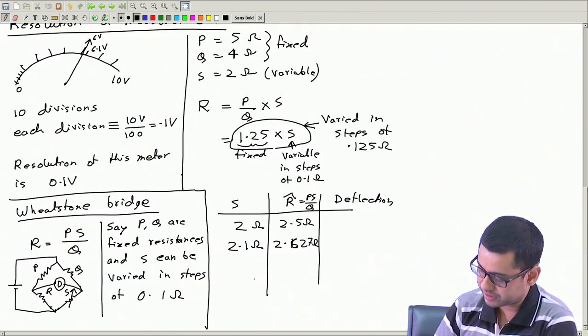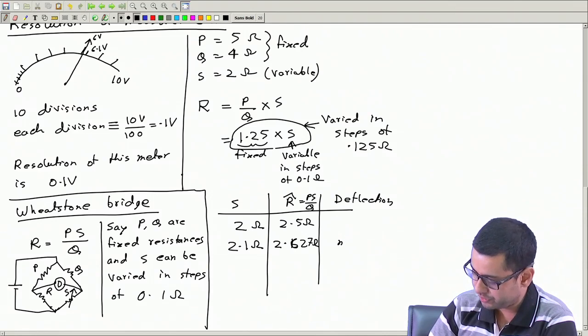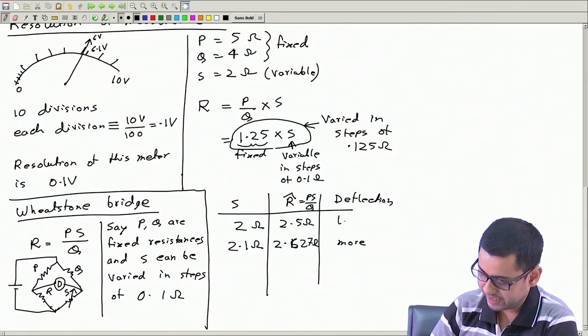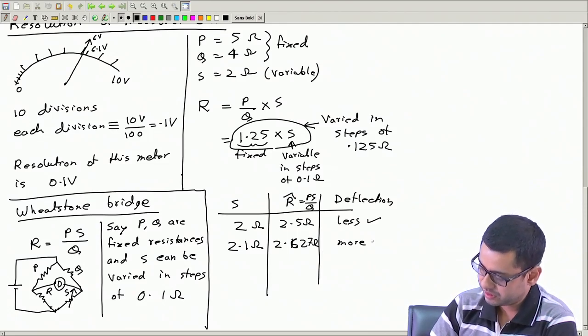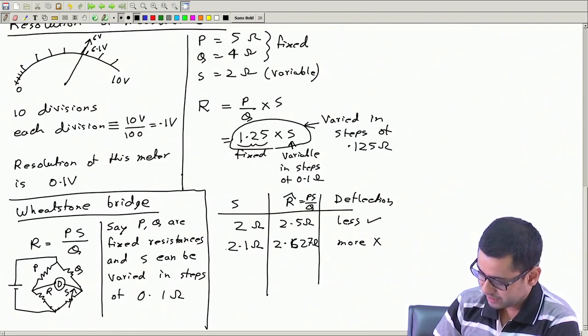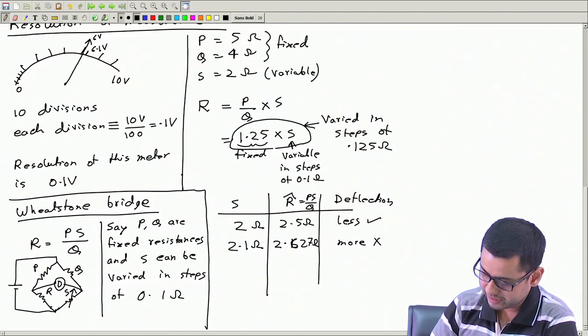You observe the deflection. Suppose you see more deflection here and it is less there, then that is a better estimation. But you can change your estimation only in steps of 0.125.